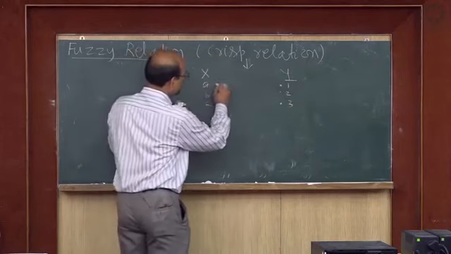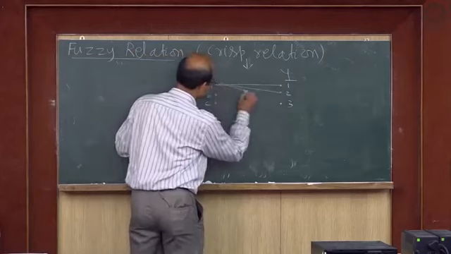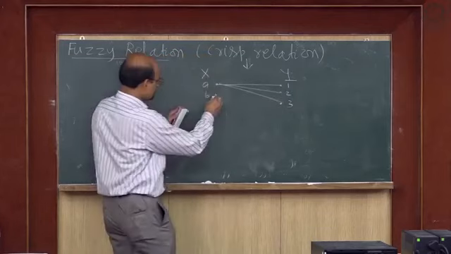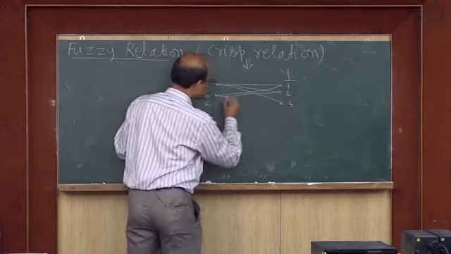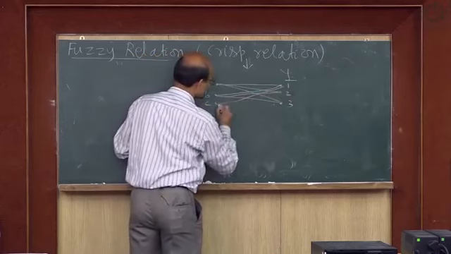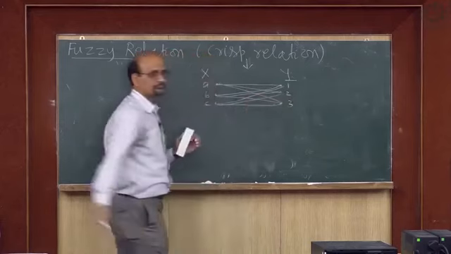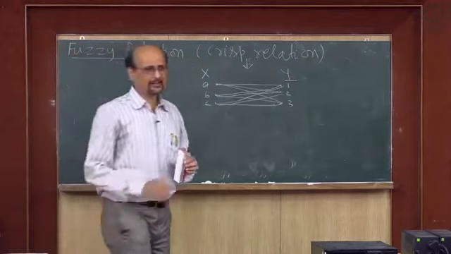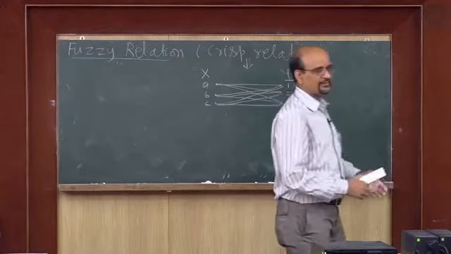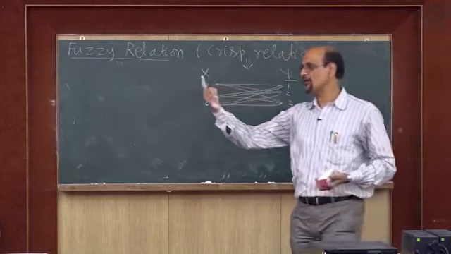Suppose A is related to 1, 2, 3; this way I can draw the diagram. If these are related, I have the value 1.